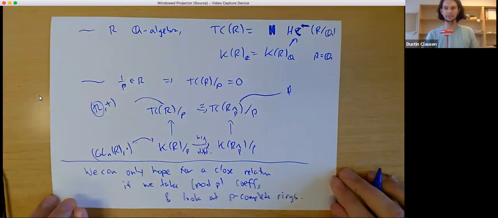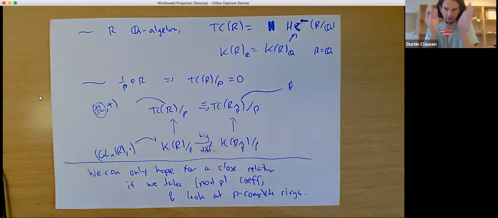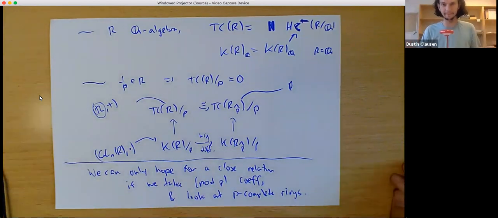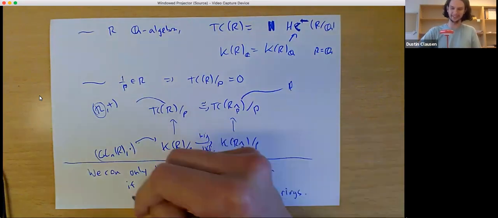That is the only setting in which you could possibly hope that these two theories are actually close to each other in reasonable generality. And what I'd like to explain in this talk is that indeed, at least if R is commutative, then they are in fact very close in this regime here.